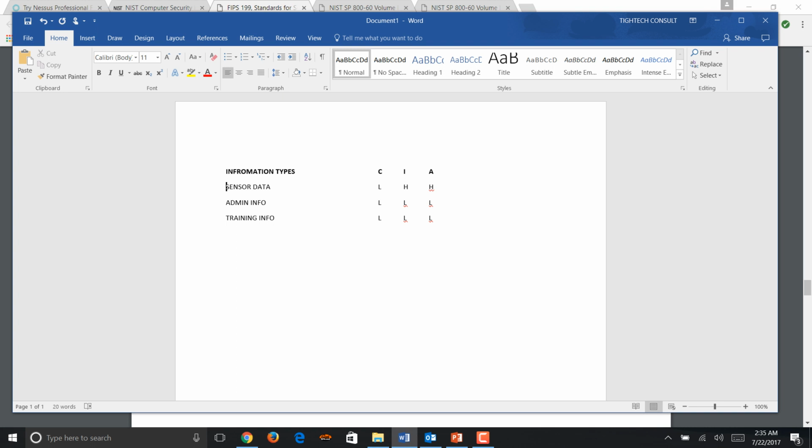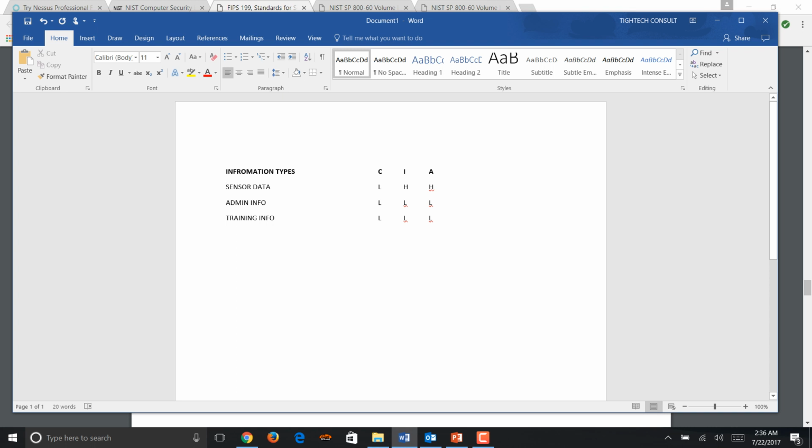That is, it might lead to loss of life, it might lead to serious life-threatening injury, it might lead to loss of financial data, it might lead to loss of organizational assets. That is what this high means.